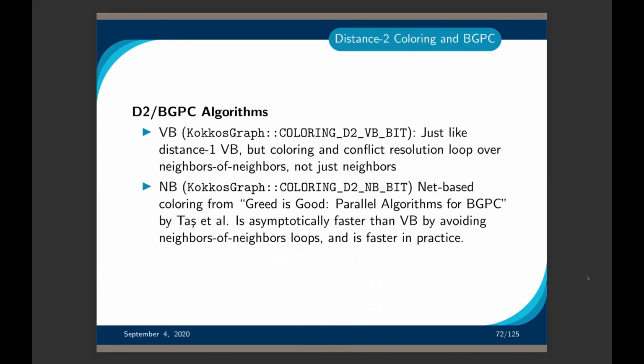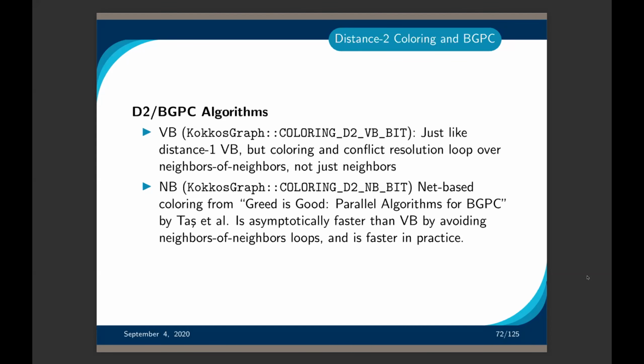The two algorithms that we support for these problems are vertex-based, which is exactly the same as the distance 1 vertex-based, except that instead of just looking over direct neighbors, it has to loop over the neighbors of neighbors. So it's a nested loop, and this can get pretty expensive on GPUs especially.